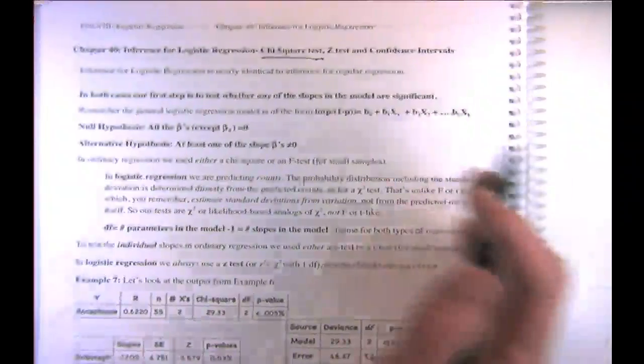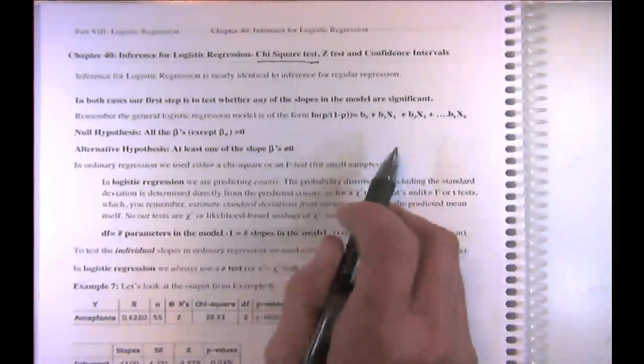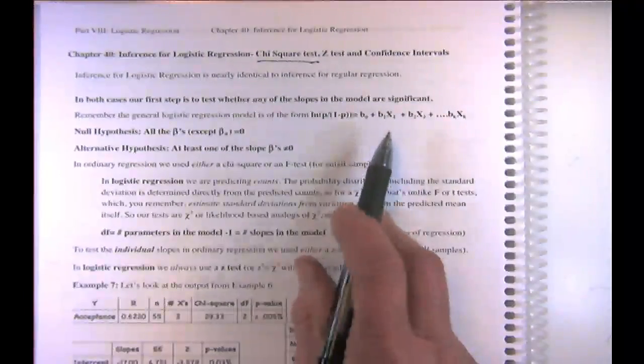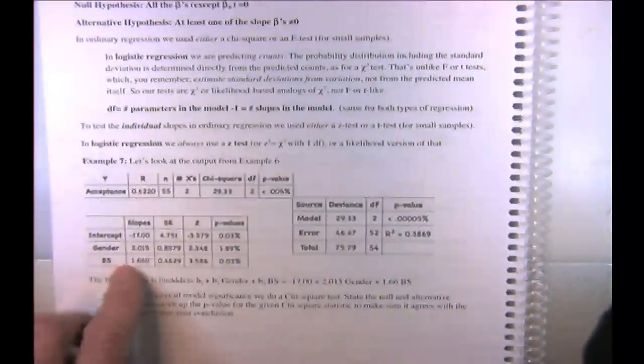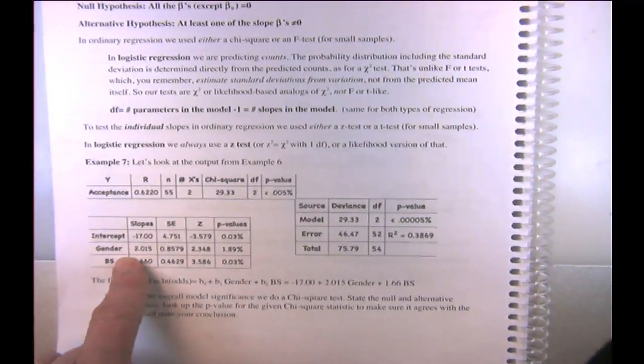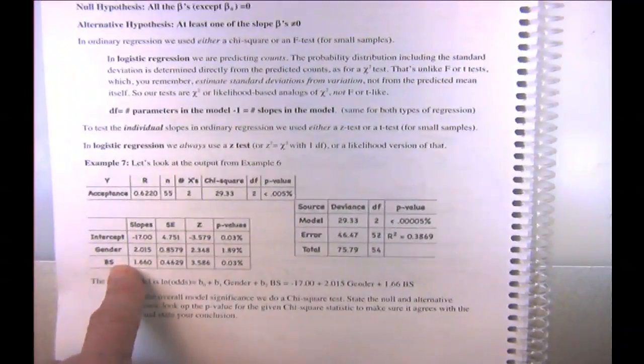If all these are 0, then we're just going to use the percentage of people who got into medical school in our sample as the best estimate for the percentage of people who will get in in the population, and it won't depend on our predictor variables, which in this case are gender, whether you're male or female, and your biological science score.